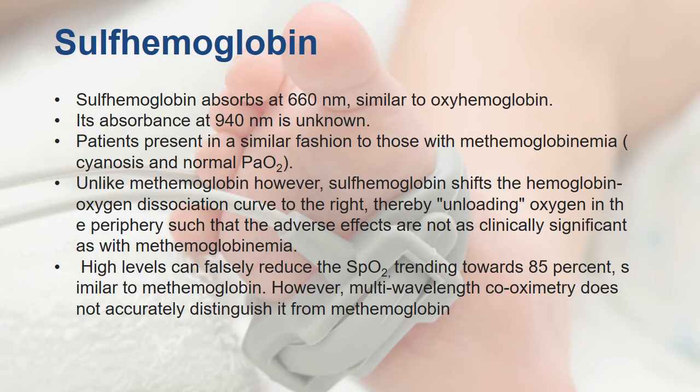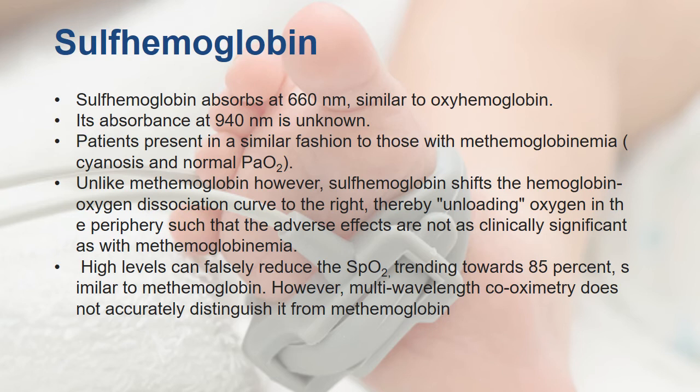Patients present in a similar fashion to methemoglobinemia, with cyanosis as well as a normal PaO2, but the difference from methemoglobin is that sulfhemoglobin is a transient thing, and it shifts the oxygen-hemoglobin dissociation curve towards the right, meaning towards unloading of oxygen to the tissue. So we don't get that much cyanosis and such drastic changes in patients with sulfhemoglobin as compared to patients with methemoglobin.